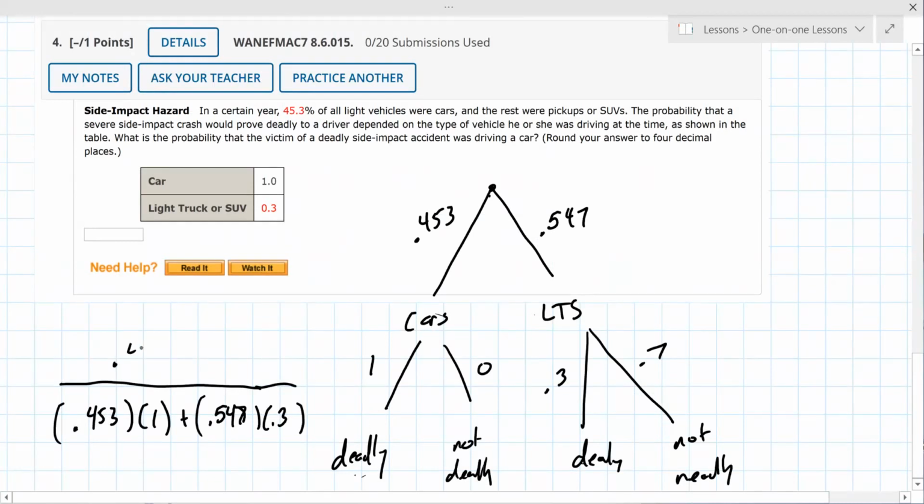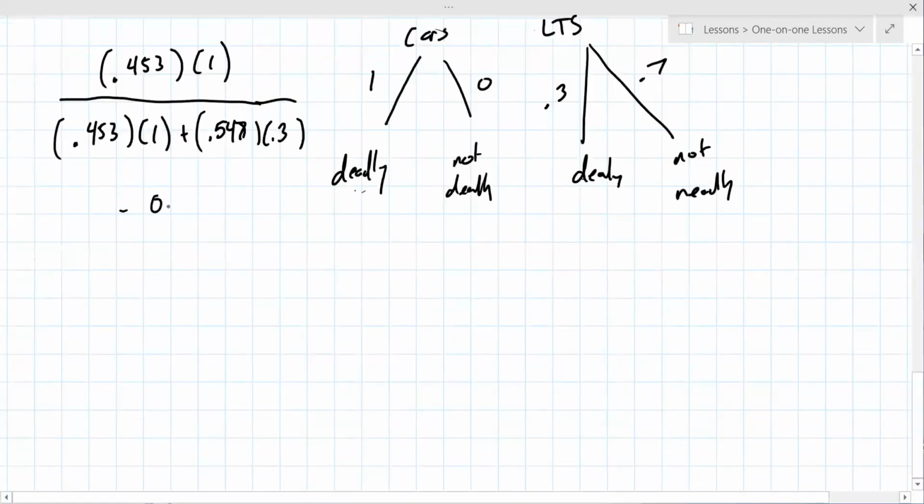So 0.453 times 1. All right, so the number I get here is 0.7341. We'll try that.